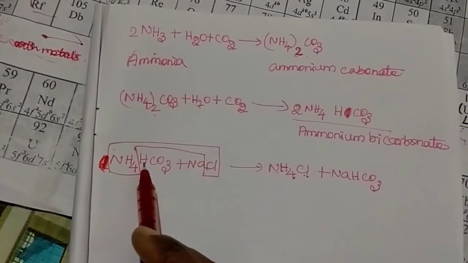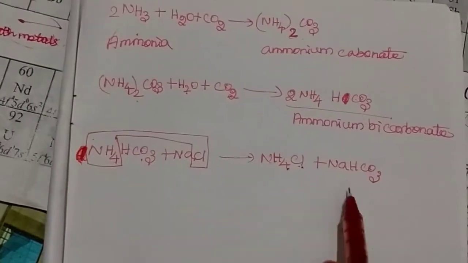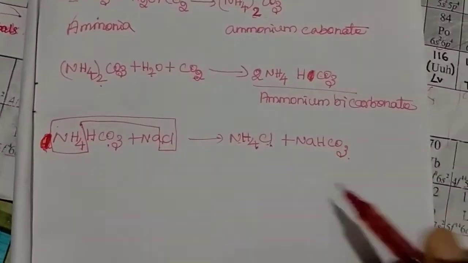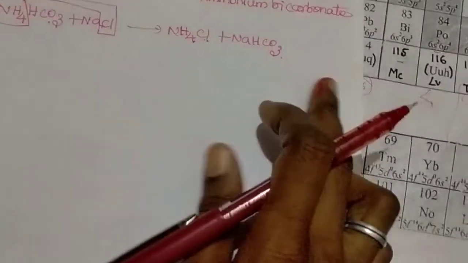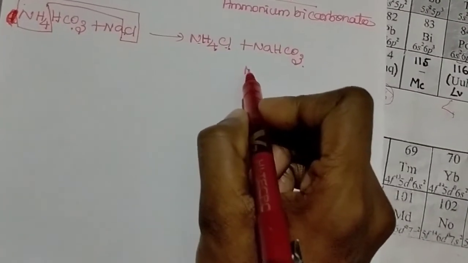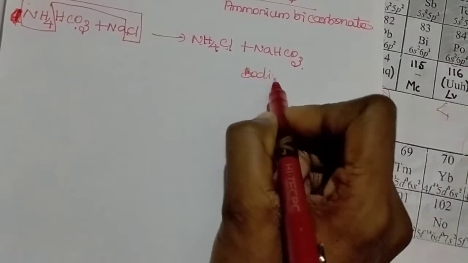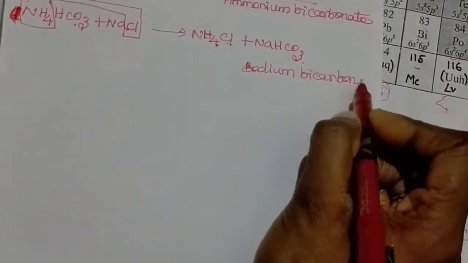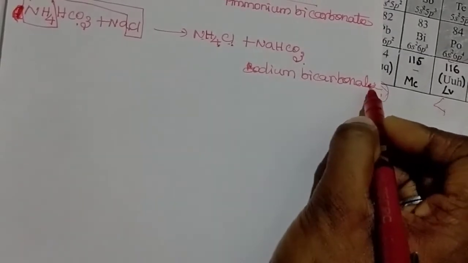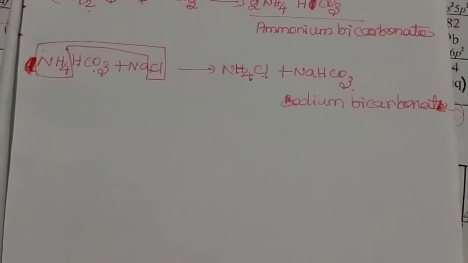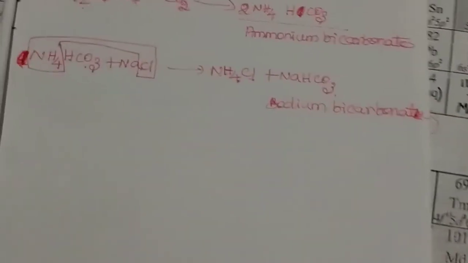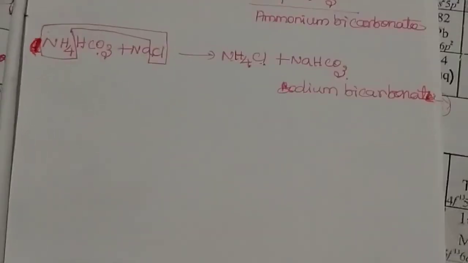The remaining sodium, hydrogen and carbonate combined together form sodium bicarbonate, the major product from this reaction. This sodium bicarbonate gets precipitated, and it is filtered out.